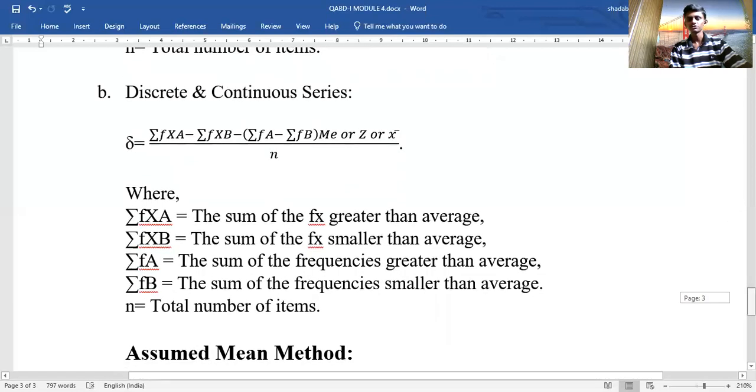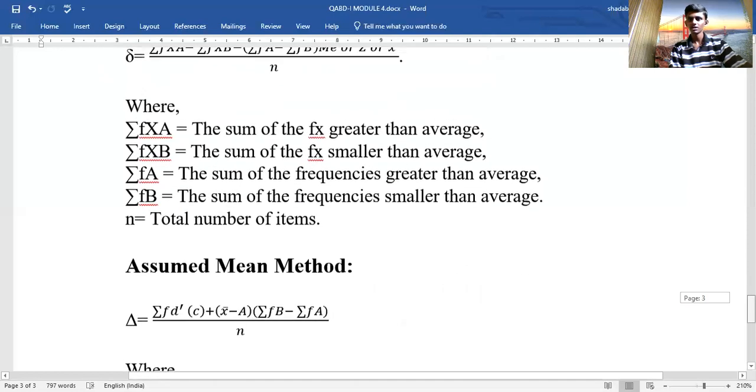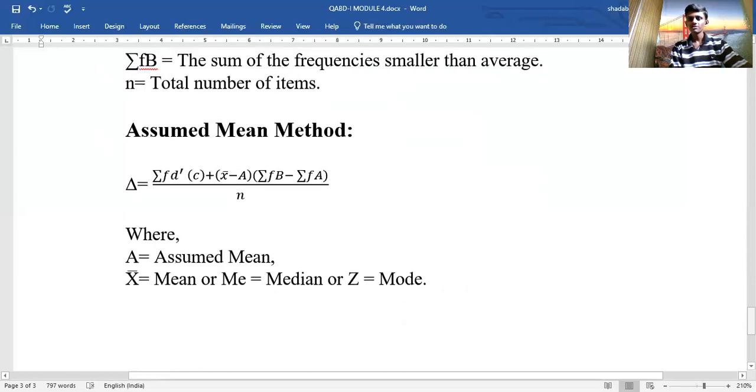N refers to the total number of items or observations. Also we will take this one as well.